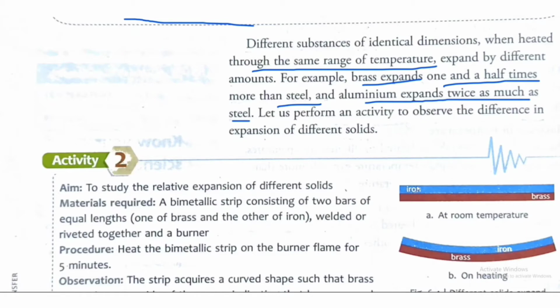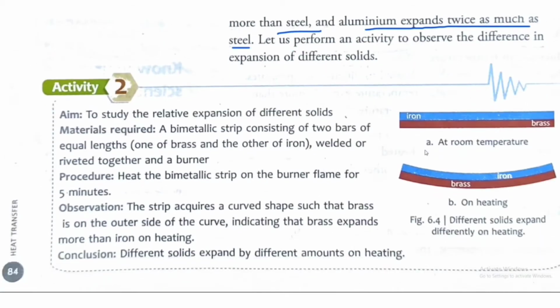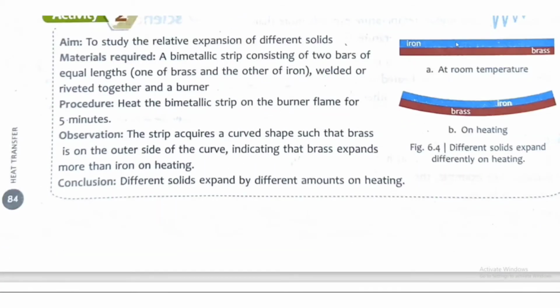Students, in this activity, a bimetallic strip, which is made up of iron and brass, is taken, and these two strips are either welded or riveted together. If the strip is heated for some time, it will be observed that the bimetallic strip has got a curved shape. Because we know that brass expands more than iron.